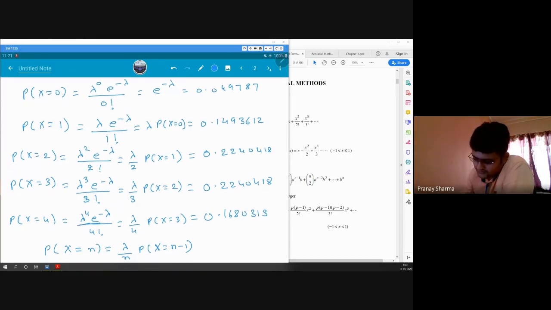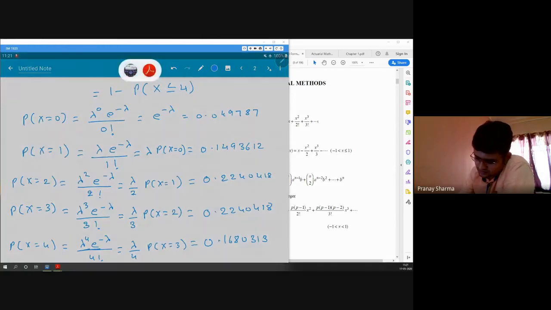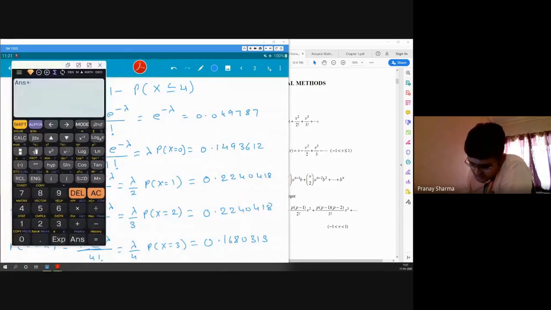Now I can add all of these and find the probability X greater than or equal to 5. That was our 1 minus, and we'll add all of these values: this answer plus 0.22400418, this is 2 times, and then plus 0.1493612 plus 0.049787.